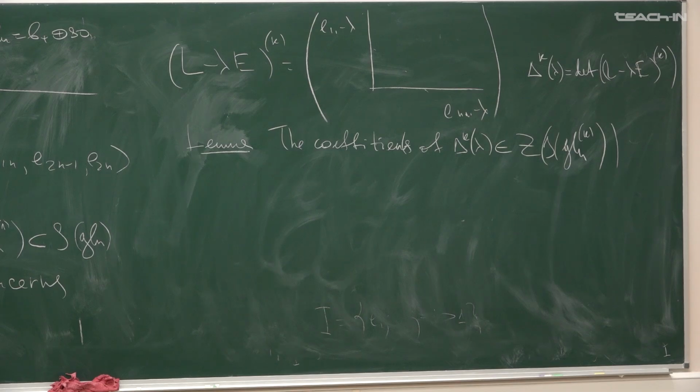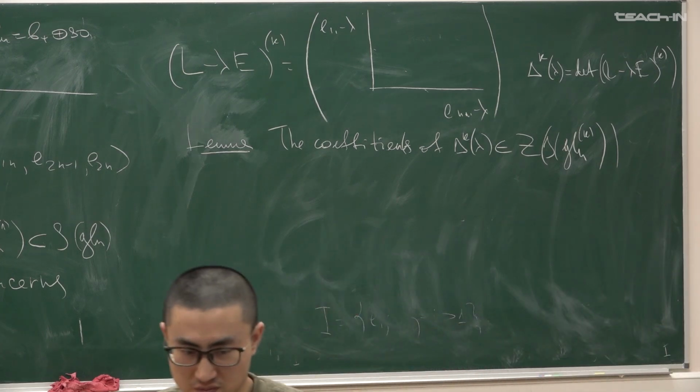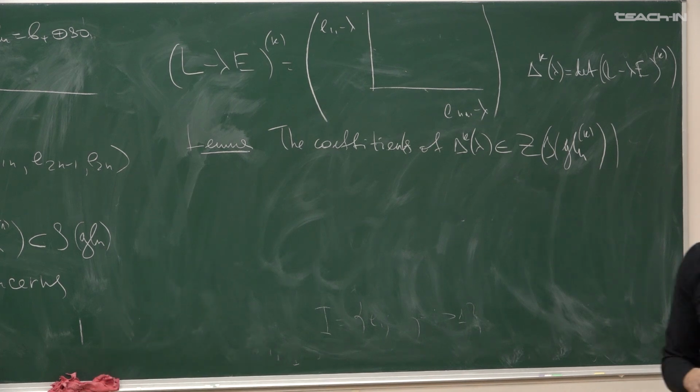But isn't this the same as what we proposed in the last class, that they are Casimir functions of the subalgebras? Because in the last class we said that the trace is the Casimir function of gl_n, and the last element was the Casimir function of B plus.